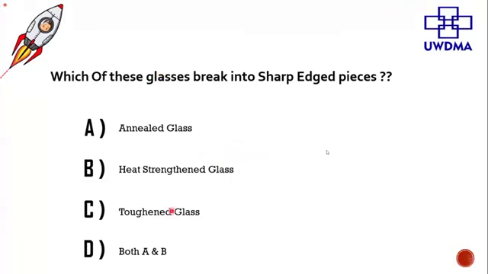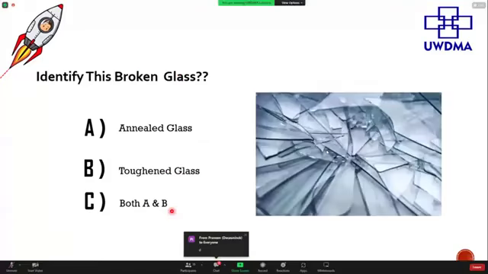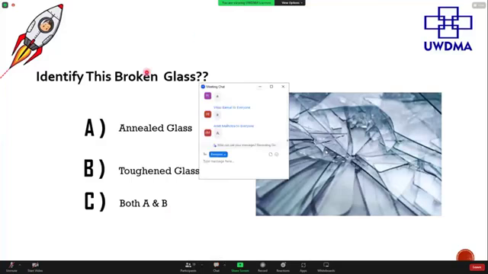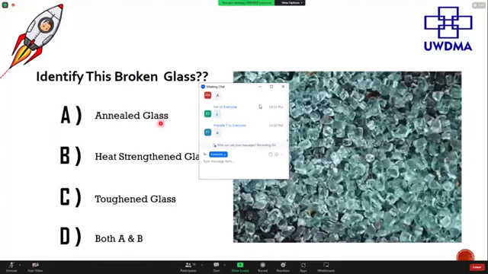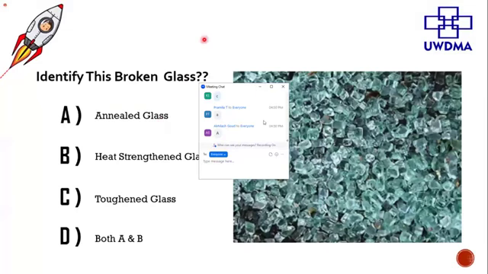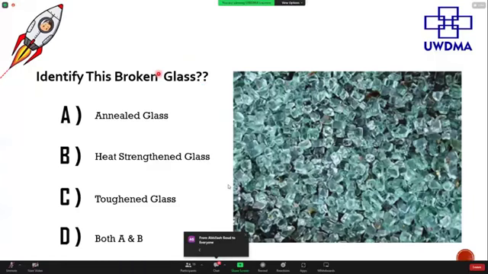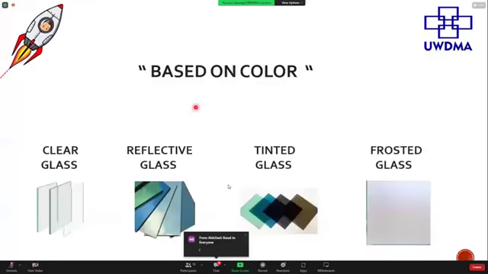So it's A and B both. Both of them will break in sharp edges. Which glass is this? A or B? Correct, it is an annealed glass. Which glass is this? Everybody is correct, it is a toughened glass.